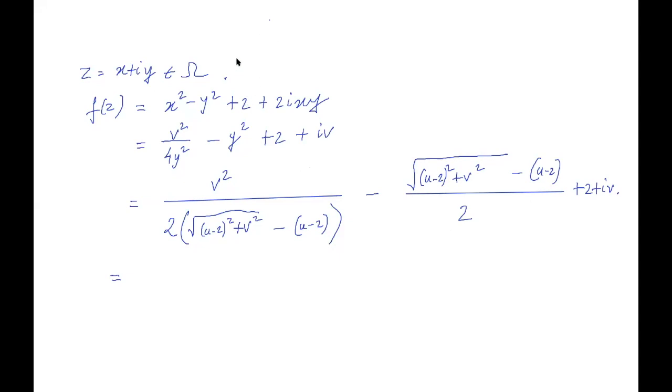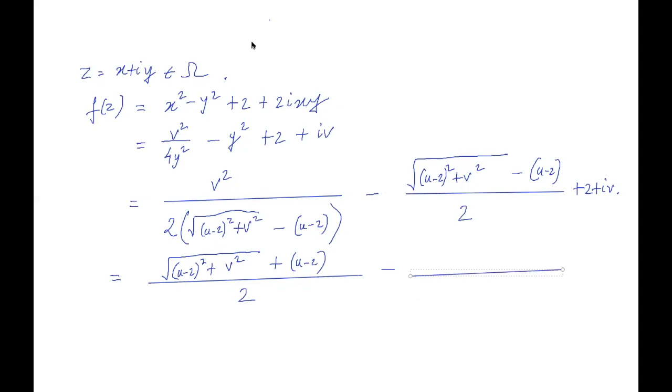And this is equal to, so if you rationalize this thing, I'll be multiplying with root of u minus 2 whole square plus v square plus u minus 2 to rationalize it, and you'll see that v square and v square will get cancelled out, and so I'll be left with u minus 2 whole square plus v square plus u minus 2 by 2. And this one, let it be as it is.